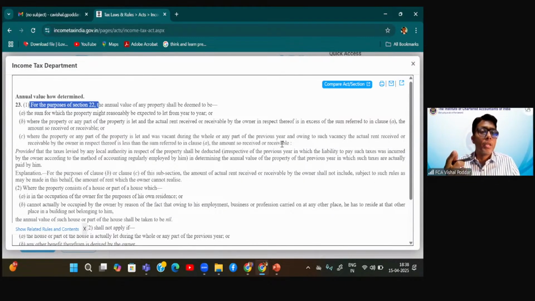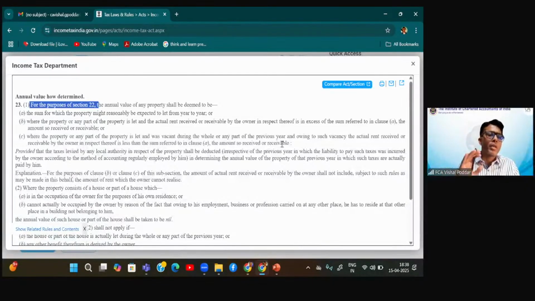Now the question asked to me in your WhatsApp group was whether this rule of VR adding and comparing ARV is applicable to A, B or C. I said it is applicable to entire 23(1) because 23(1) A, B, C are the different possibilities. So you have to consider this rule of adding VR and checking it for all cases which are falling in 23(1).